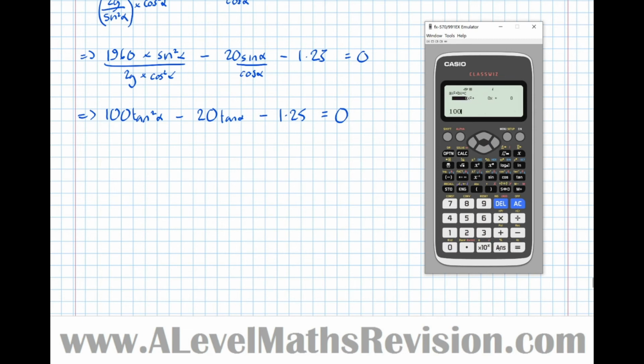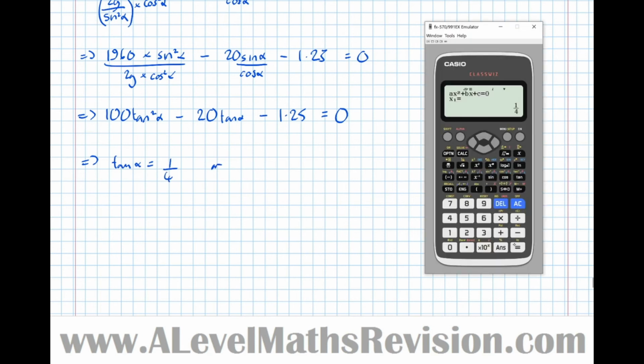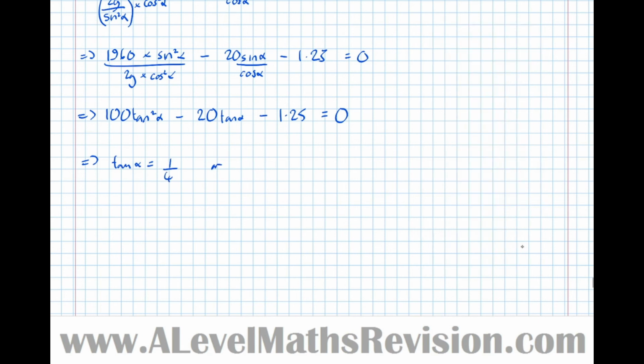first coefficient is 100 minus 20 minus 1.25. Let's see what that gives us. So it gives us tan alpha equals a quarter, or minus 1/20th.